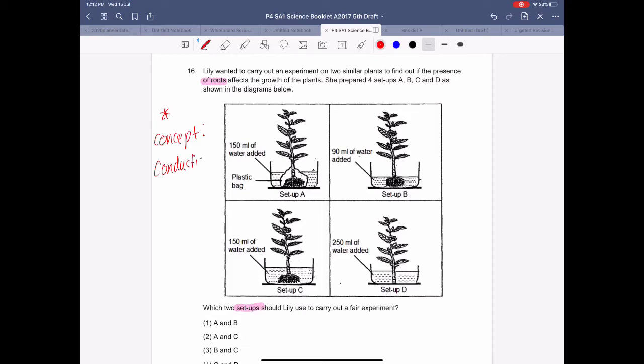Now, in order to conduct a fair experiment, I have told you many times, you can only change one item, one variable, one factor. In this case, the variable that should be changed should be the variable that you want to investigate. For example, if I want to know if eating more will actually make you heavier, basically everything needs to be the same, including the person that is being investigated.